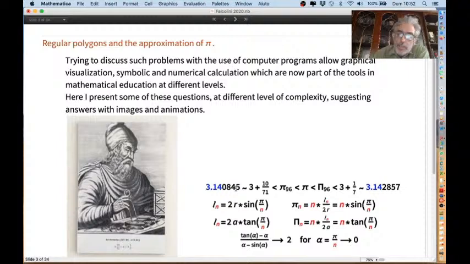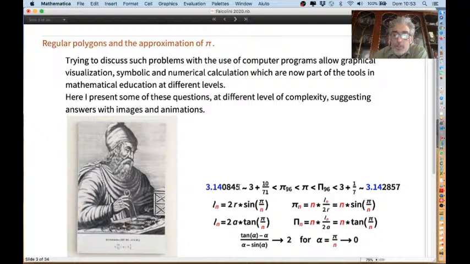If we look a little bit closer, we know that the value of pi is 3.1415, so 3.1408 is 7 times 10 to the minus 4 close, while 3.1428 is 1 times 10 to the minus 3 close.